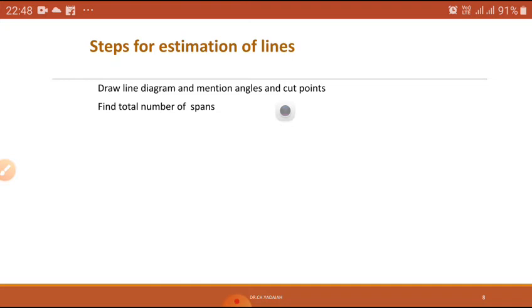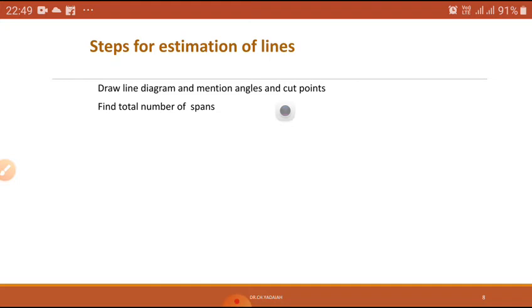Now find the total number of strain and disc insulators. Once we know where is the end, where is the cut point, where is the angle, we can easily calculate the disc insulators. Now find the total number of cross arms and the top brackets. In the simple LT case, find the total number of cross arms, whereas in case of HT, we are going to use two types of cross arms.